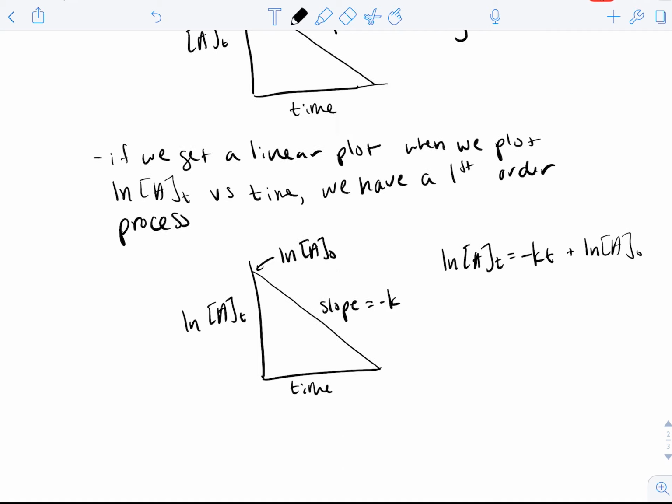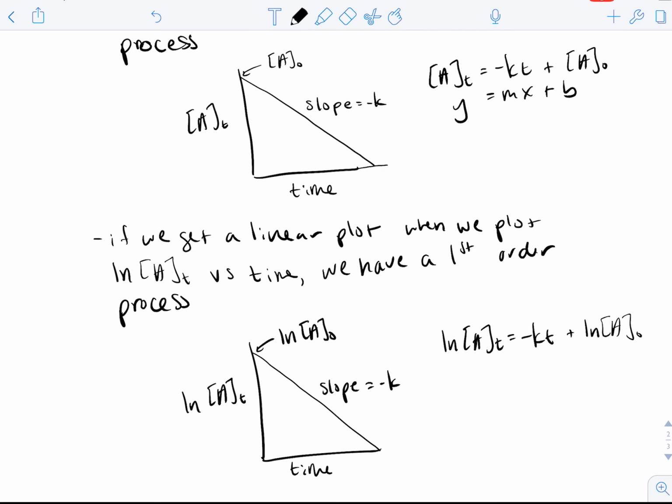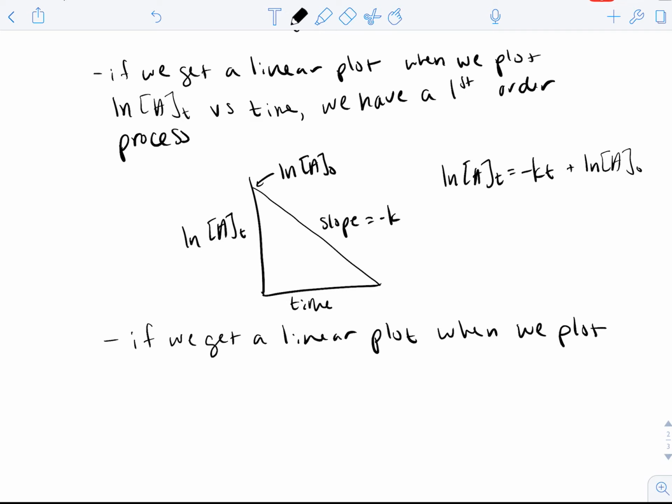And then if we've plotted both A at t versus time and ln A at t versus time and we still don't get a linear plot, then we probably have a second order process. So if we get a linear plot when we plot 1 over A at t versus time, we have a second order process.